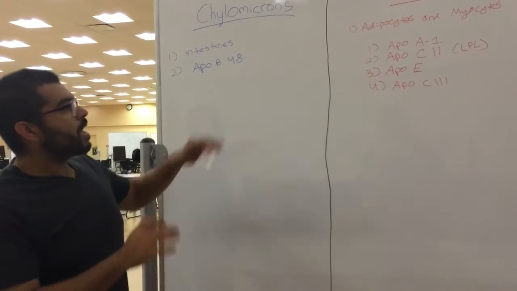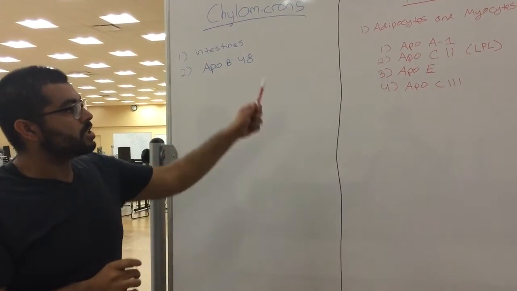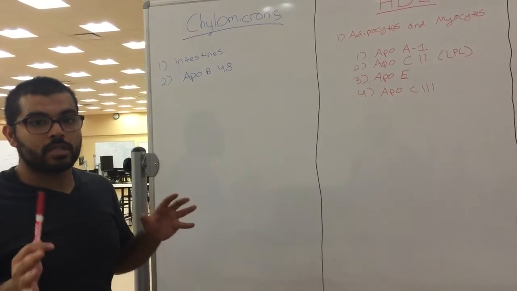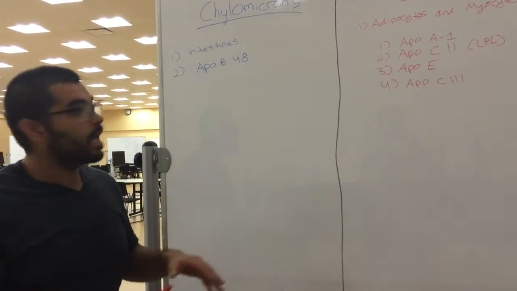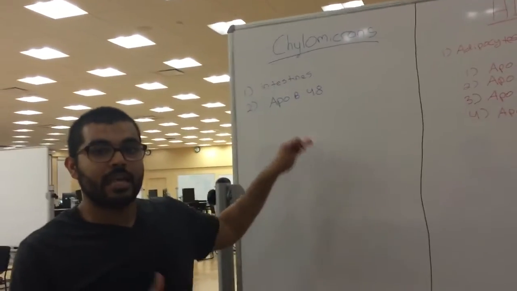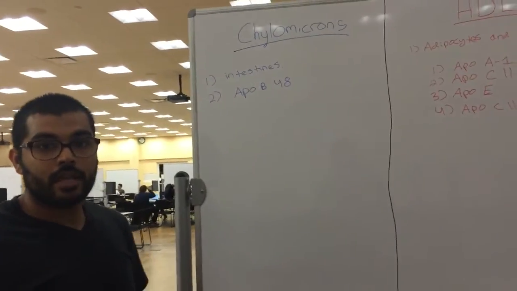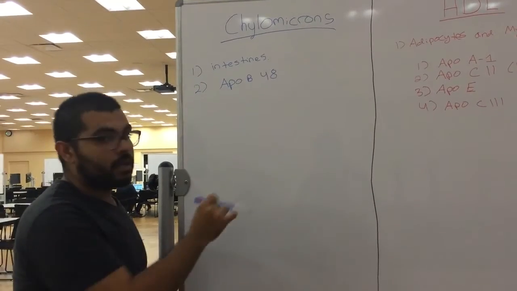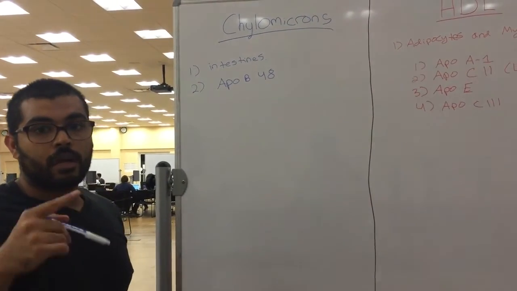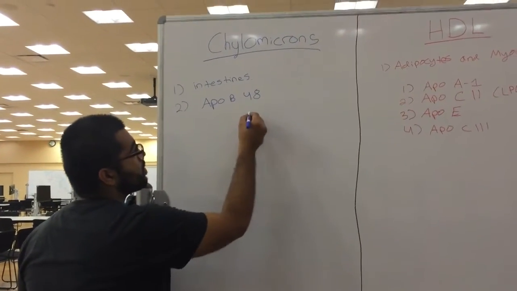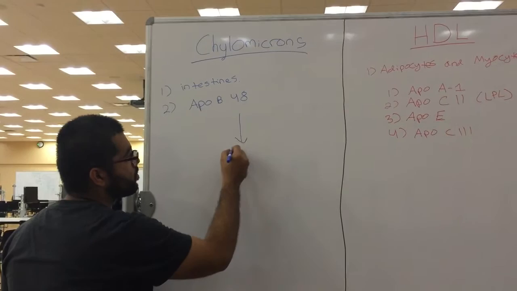So now we have the three things: chylomicrons, HDL, VLDL. We now know where they're made, and we now know what kind of lipoproteins they start off with. Now let's start with chylomicrons and see how it progresses. The first thing that you guys should know is chylomicrons are released into our lymphatics. So if this is my chylomicron, it's going to be released into my lymphatics.